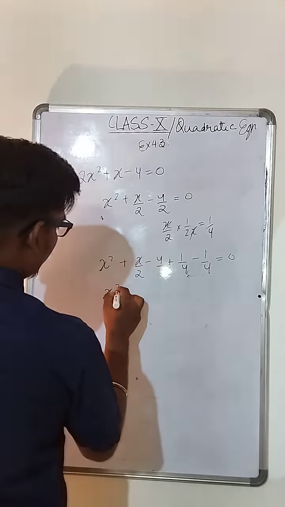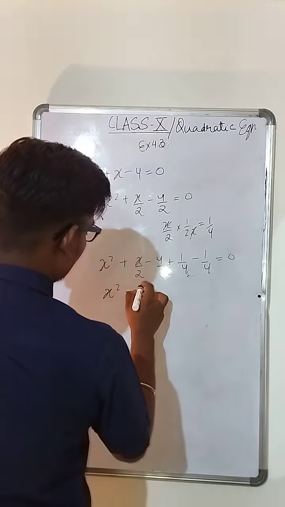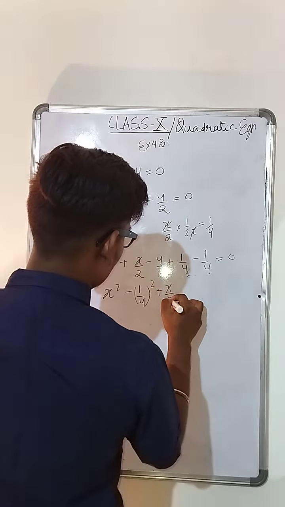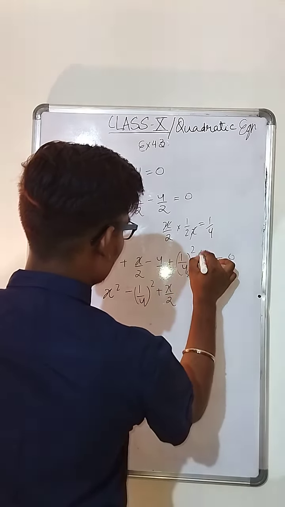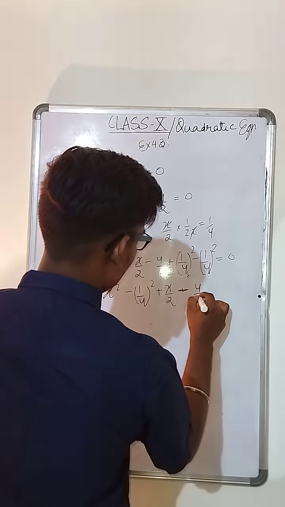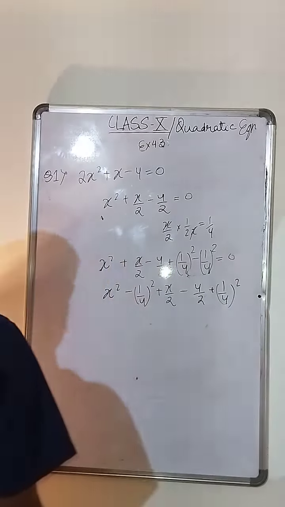Now what will it be? The same procedure: x plus 1 by 4 whole square, plus x by 2 minus 4 by 2 plus 1 by 4 whole square, okay.